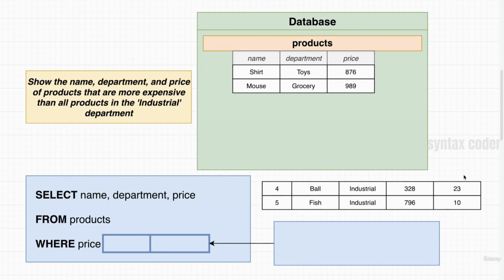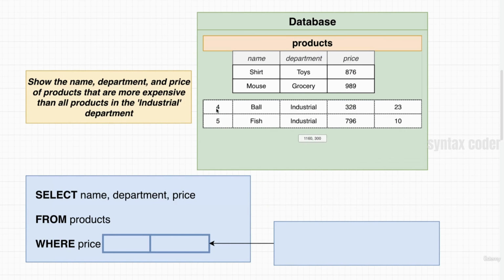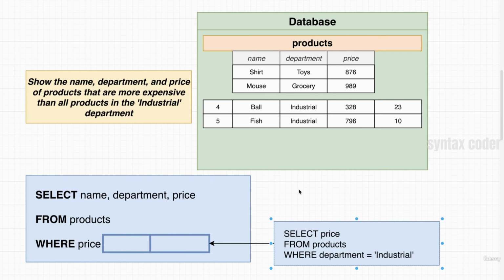Okay, so in this case, let's go back to our original starting point here, where we had a bunch of different rows inside this table. And the first thing we needed to do was find the price of all the different products that were inside of the industrial department. So we would write out a subquery right here that was something like select price from products where department is equal to industrial.